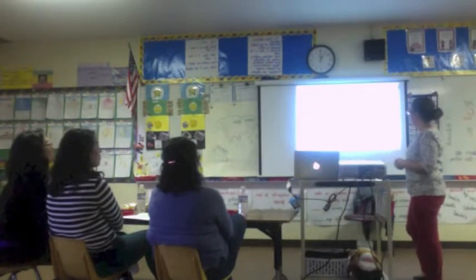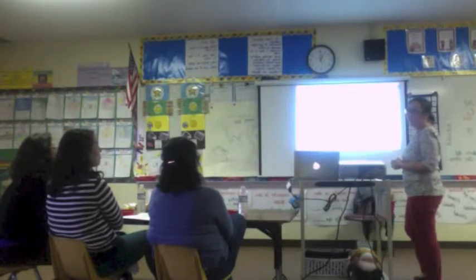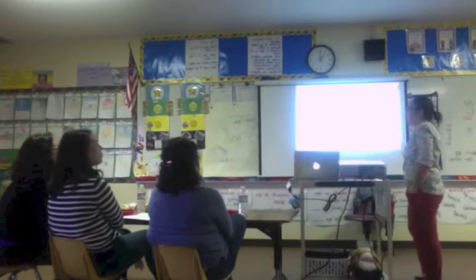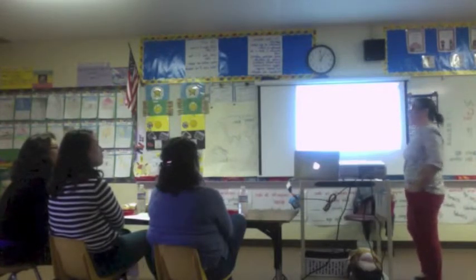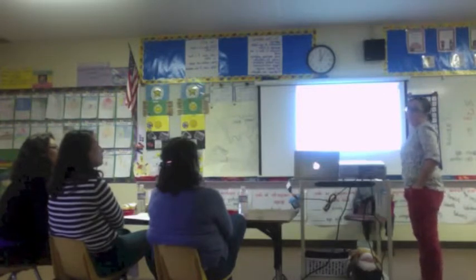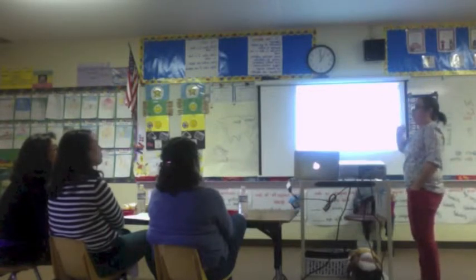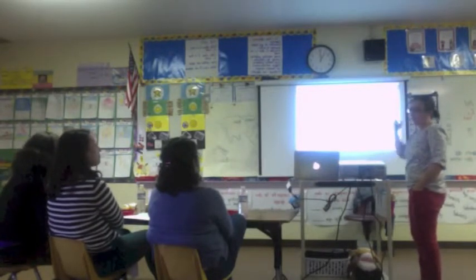This time we practiced some I statements. We introduced I statements at the beginning of the school year. However, I was noticing that they were really either vague or they were just saying, please stop, as opposed to, I need you to stop pushing me, I need you to stop hitting me.